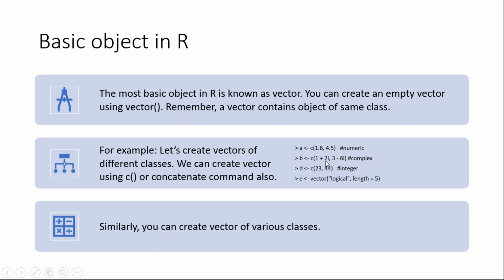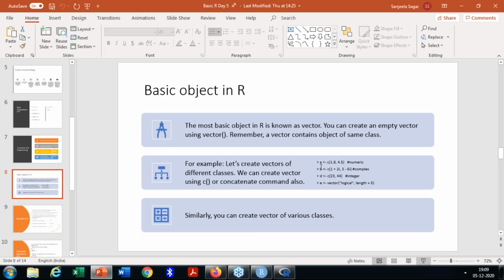Here it is going to store two complex numbers: 1 plus 2i, and another complex number, 3 minus 6i. In a similar manner, we have an integer vector storing two values, 23 and 44. You can take any values. And another vector we are making as logical, with length equal to 5. So let us do all those and see how it works in R.